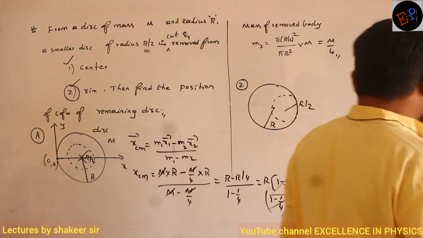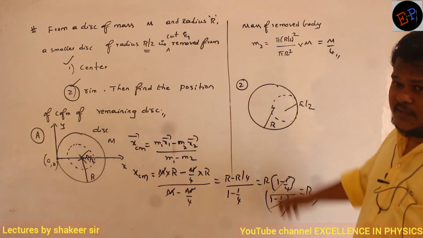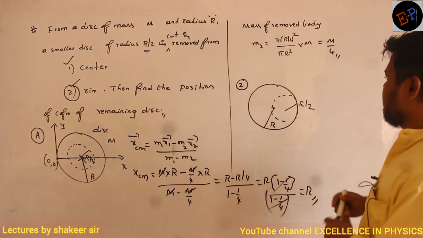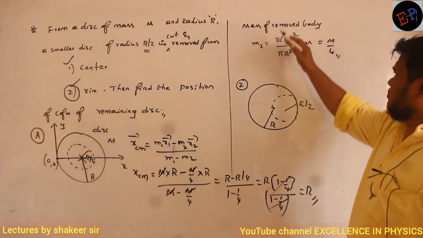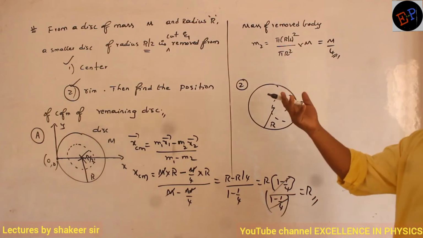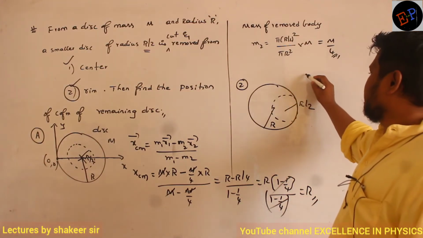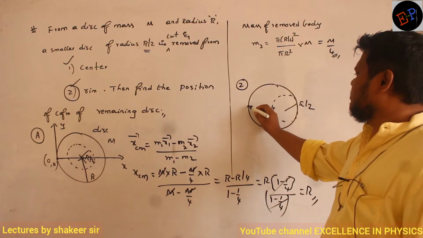Now the disk is removed from the rim, that is from the circumference of the original disk. Now let us see, the mass of the removed body remains the same, no? Mass of the removed body is M by 4. Wherever you remove it, its mass remains M by 4. Now substitute. Consider again this is the reference.